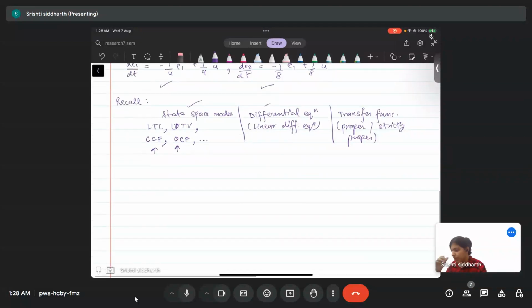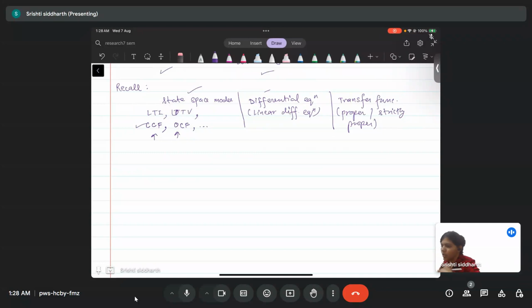Alright. So we first talk about what these forms are. These have been done in the first week lecture videos. So let's see what the CCF form is. So there are various names for it. One of them is phase variable canonical form.